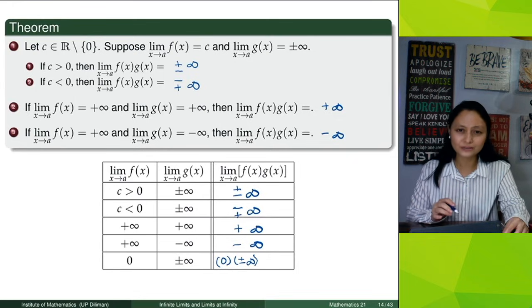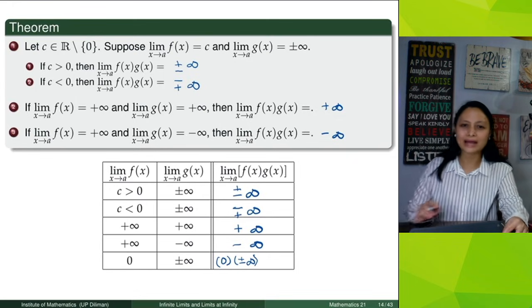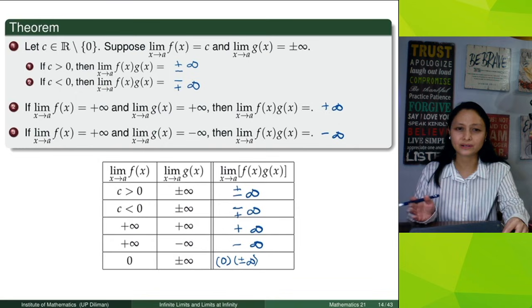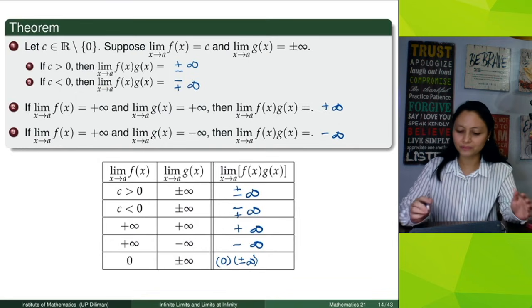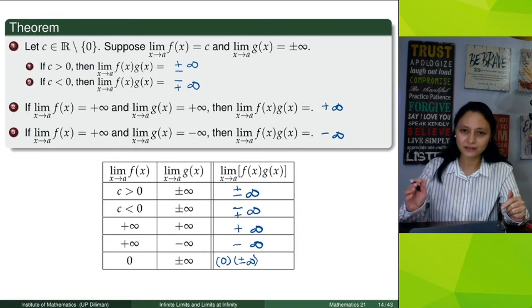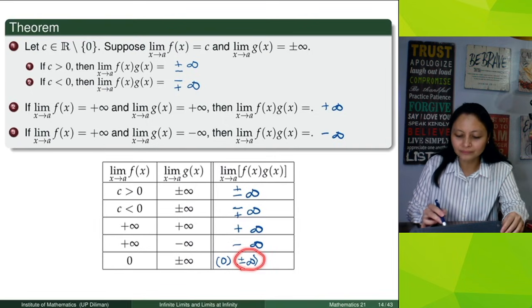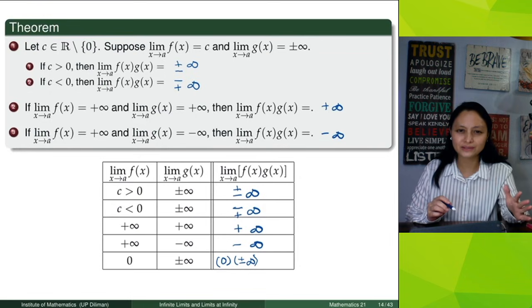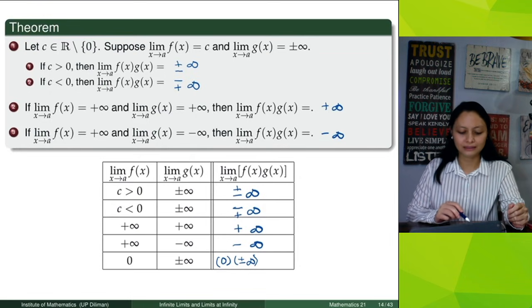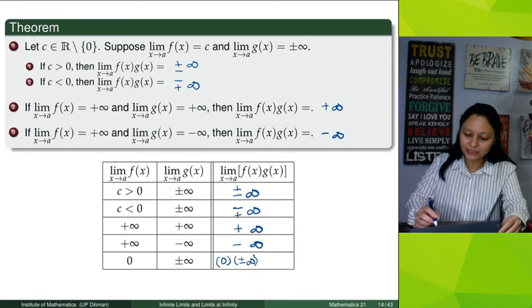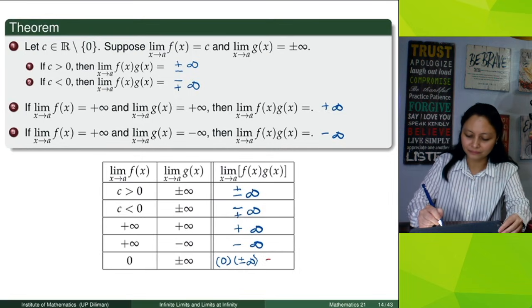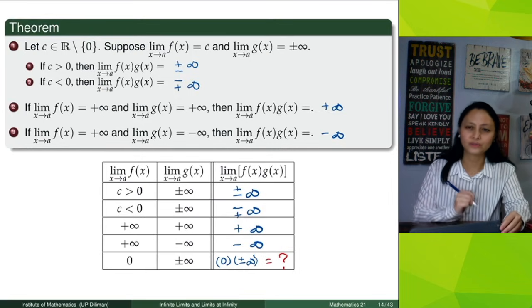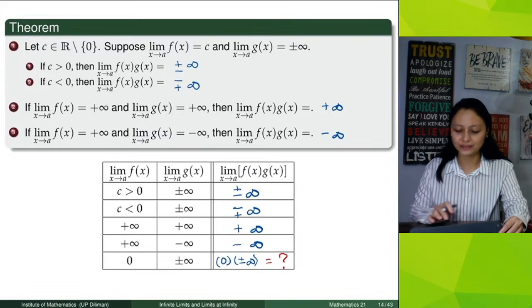Pwedeng 0.00001 times a very big number. Okay? Sino yung parang mananalo? Mapapaliit ba itong infinity? Or mapapalaki itong 0.00 something? Yan. So, ito yung isang bagay ulit na hindi tayo sigurado. So, hindi muna natin sasagutin ngayon.